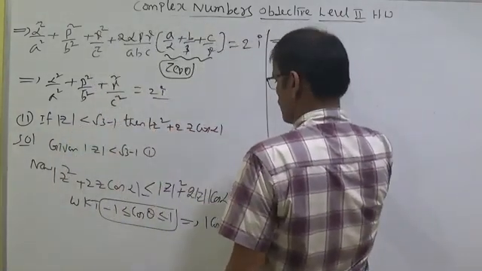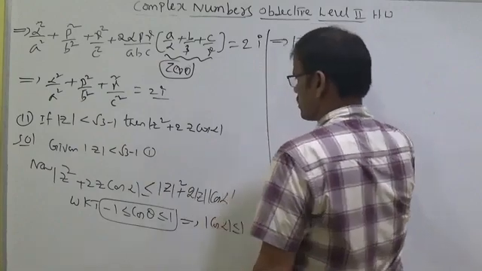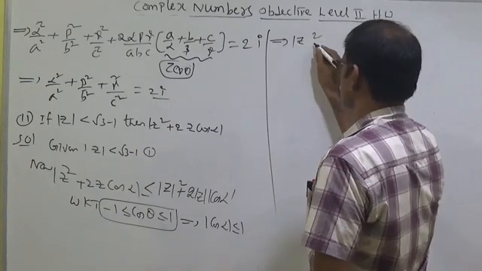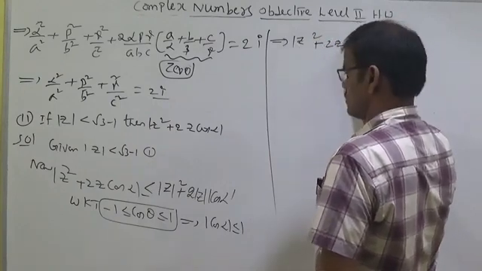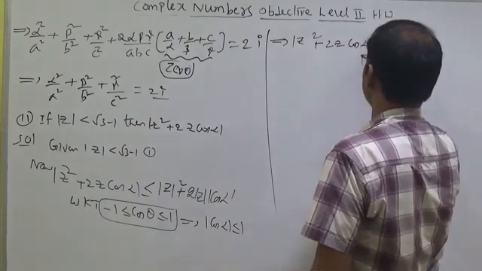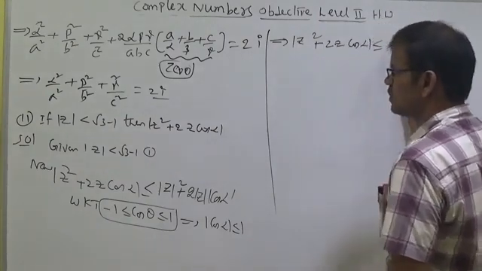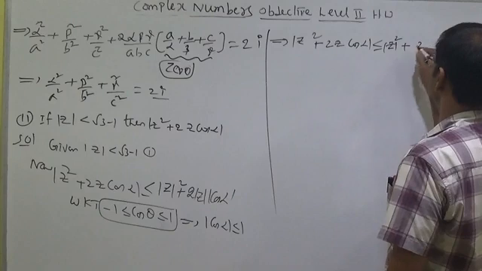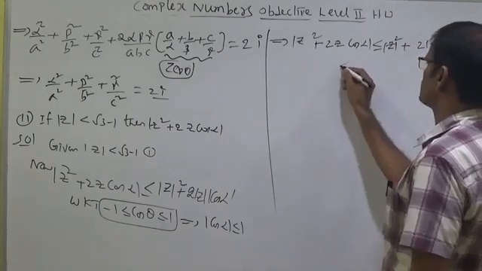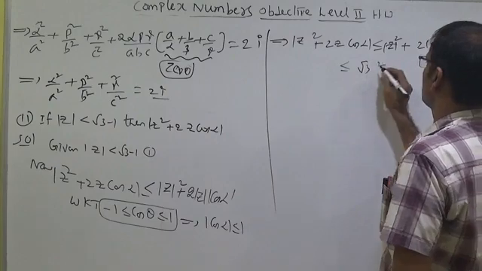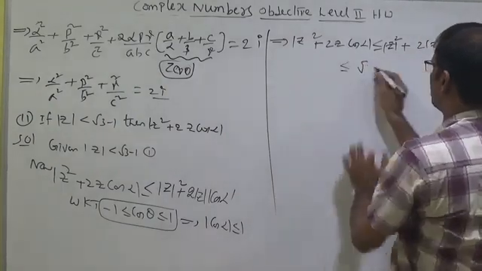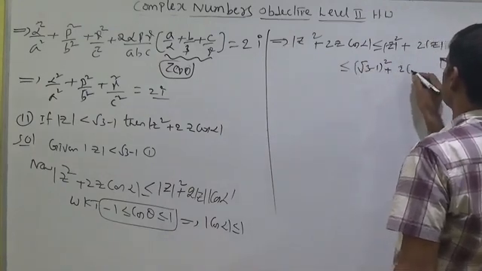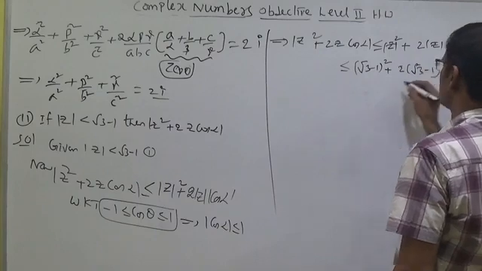So modulus of z square plus 2z cos alpha lesser than or equal to modulus of z square plus 2 mod z simply, that is lesser than or equal to, here the value of mod z he given as root 3 minus 1, so it is root 3 minus 1 whole square plus 2 into, this is also root 3 minus 1.